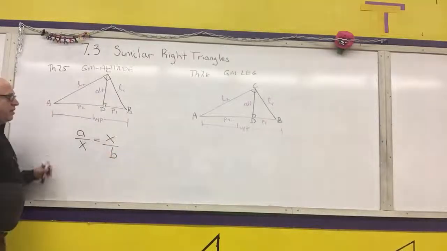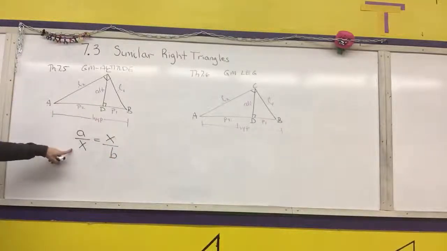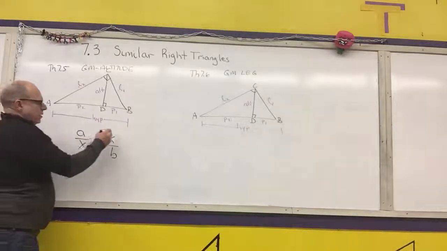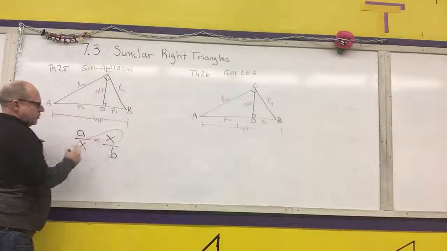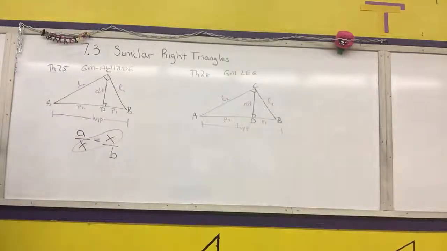If I have the following proportion, A over X equals X over B, we learned in Algebra 1 and earlier this year that X is called the mean of the proportion.